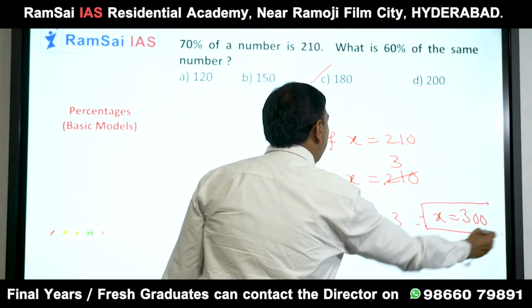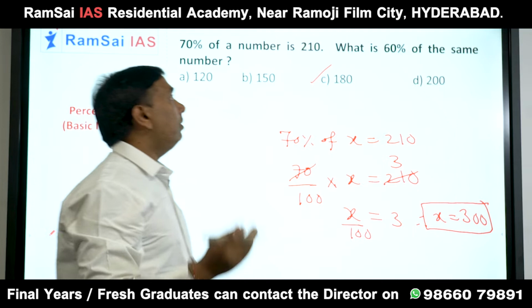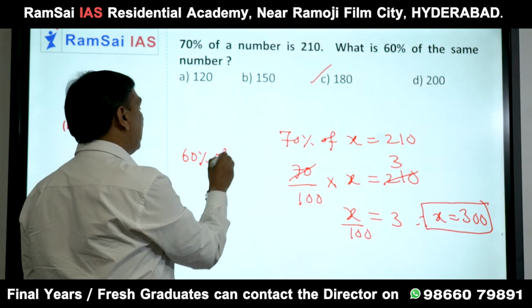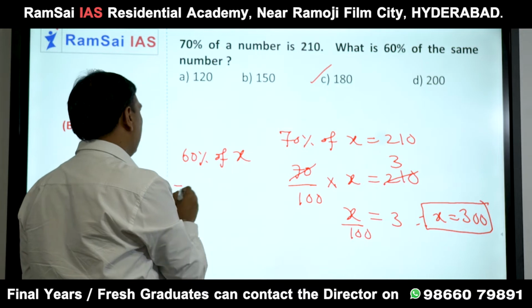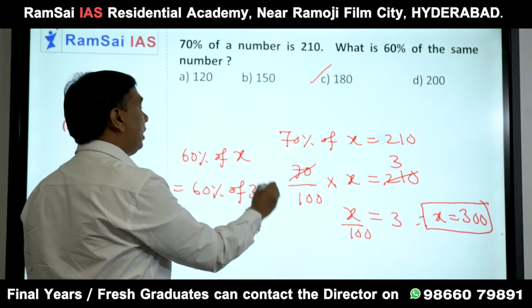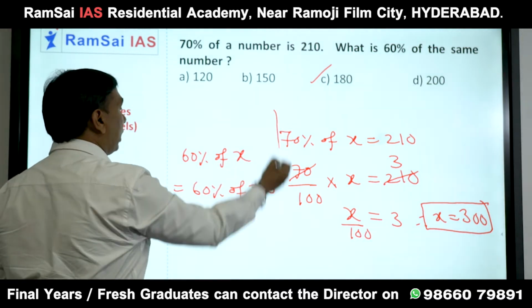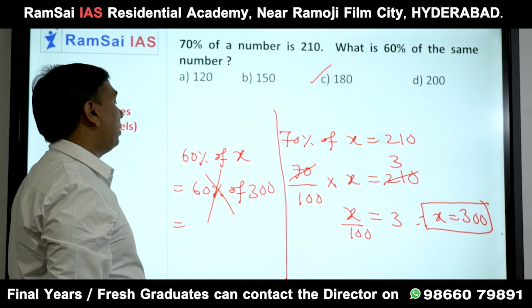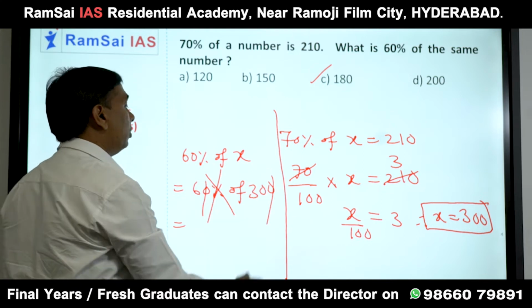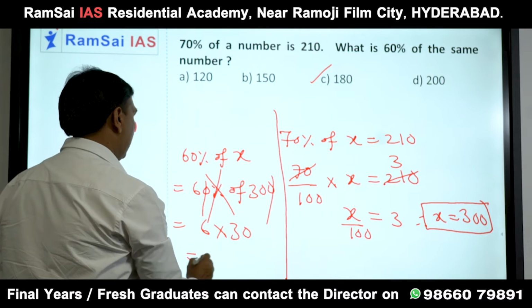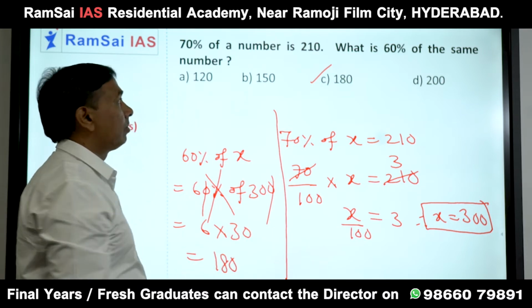So that number is 300. Now I want 60% of x, which means 60% of 300. How can I get 60% of 300? To cancel the percentage, you can cancel 2 zeros. So 6 into 30 is equal to 180.